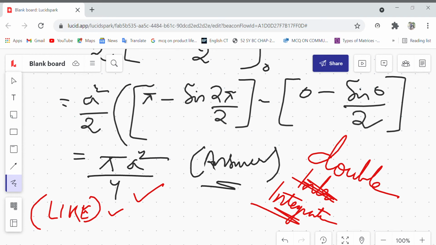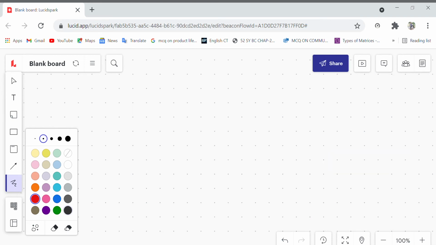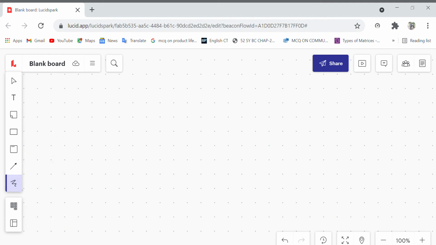From there we will also try to solve around 2 to 3 questions. First, starting with a simple one. Let me clear the board. Black color. So the topic is triple integration.